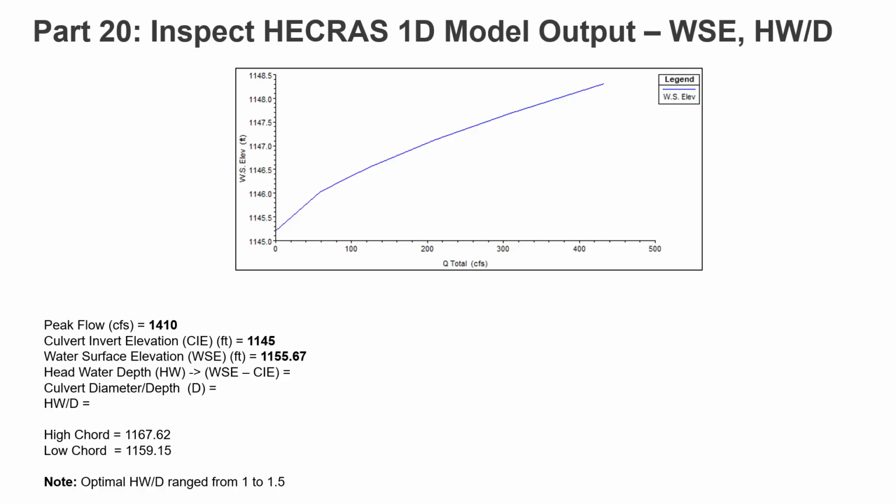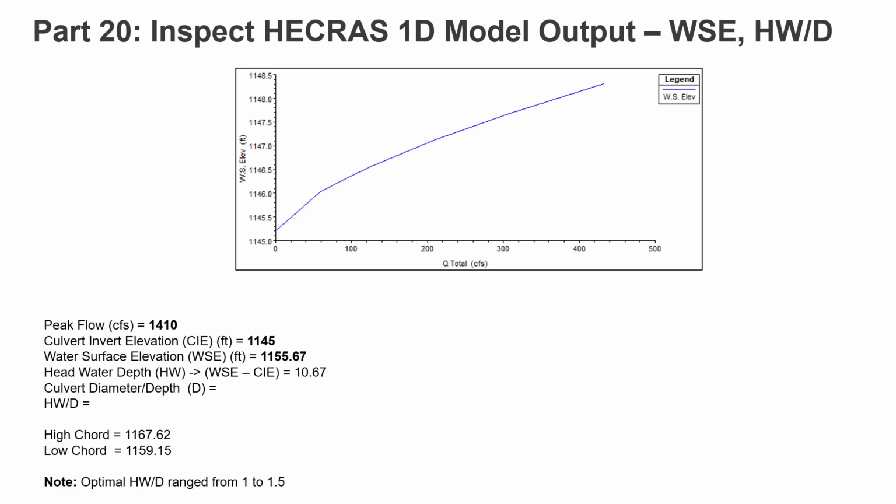Then we need to calculate the headwater depth. The headwater depth is the difference between the water surface elevation and the culvert invert elevation. So we can say the difference between the water surface elevation and the culvert invert elevation will be 10.67. If we do the math correctly, that should be 10.67.